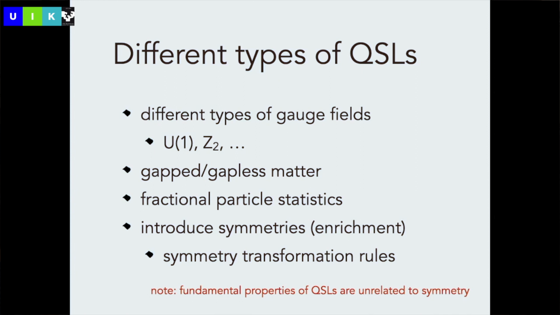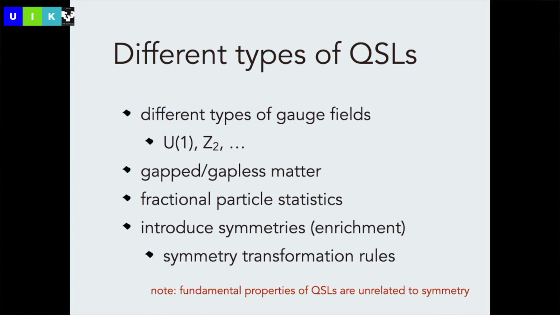Perhaps they're distinguished by whether or not they have fractional particle statistics, as we've heard from Adam Stokes. And all of this is independent of whether or not we have symmetries in our system. But you can ask about symmetries, and this is called enrichment.